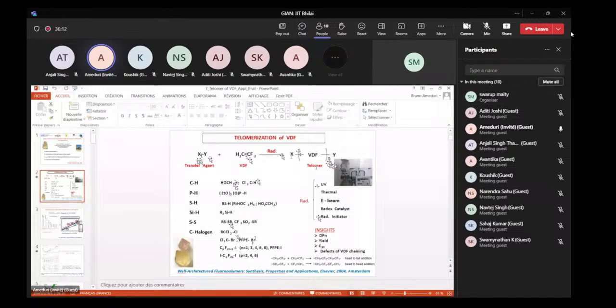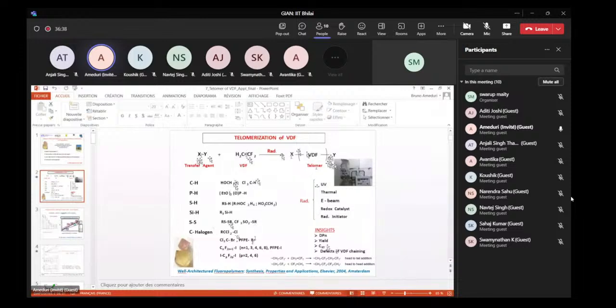And what is important to find, if you are working in collaboration with a company, of course, is that the company is very interested in the yield, the degree of telomerization, the number of n, the chain transfer constant, which is the ratio of the transfer rate to the propagation rate, and also the defects of VDF in the case if you take VDF.